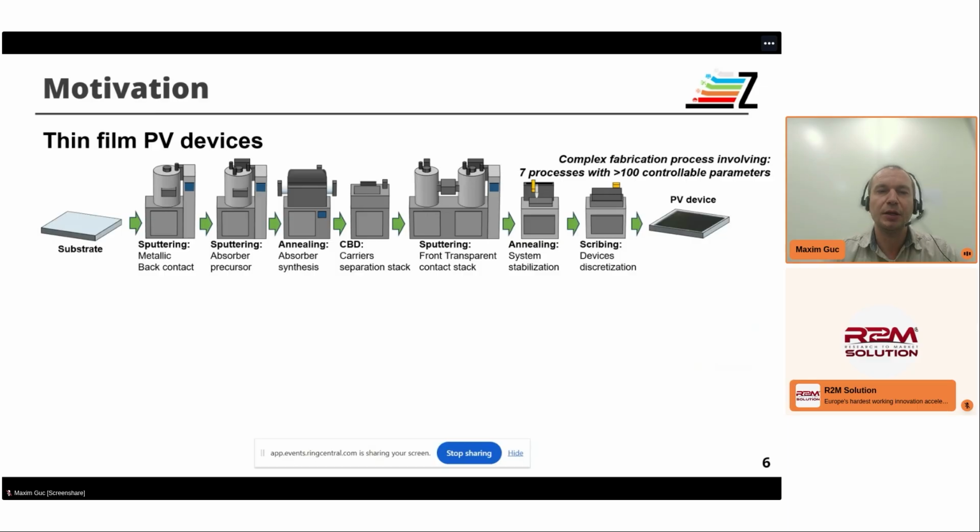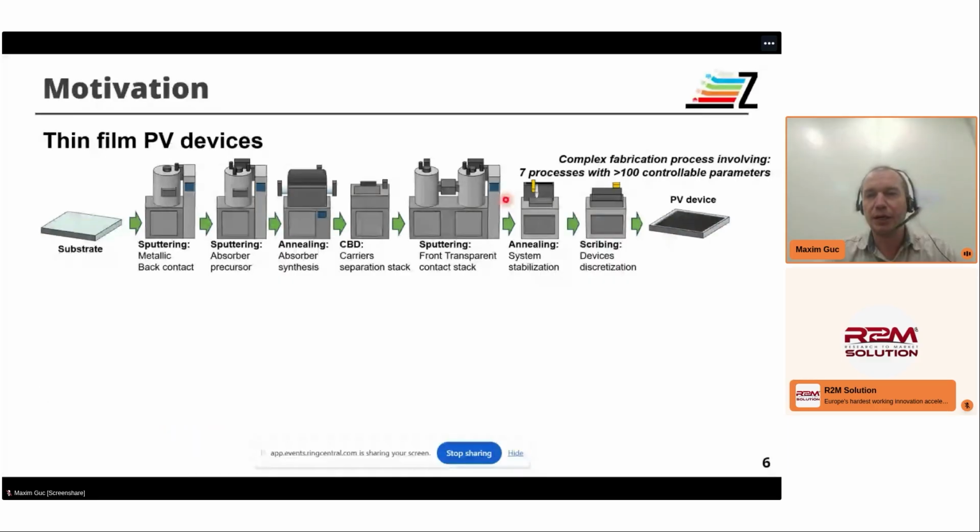Here you see some steps that are needed in order to produce thin film photovoltaic devices. That is a main focus in the Platform Zero project. Here you see different machines, different steps, different treatments that need to be made during the production process.